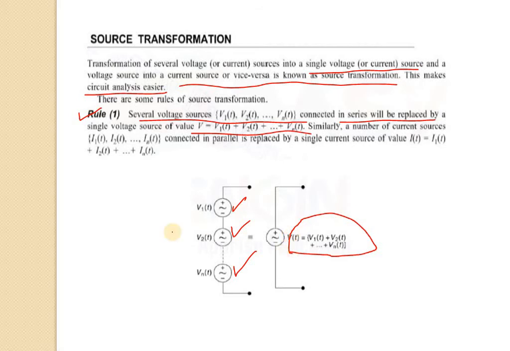Suppose we have 3 voltage sources, 2 volt, 3 volt, 5 volt. Then we can write 5 plus 3 is 8, 8 plus 2 is 10. That means we can replace it with a single 10 volt source. That means if several voltages are connected together in series, we can add them up.